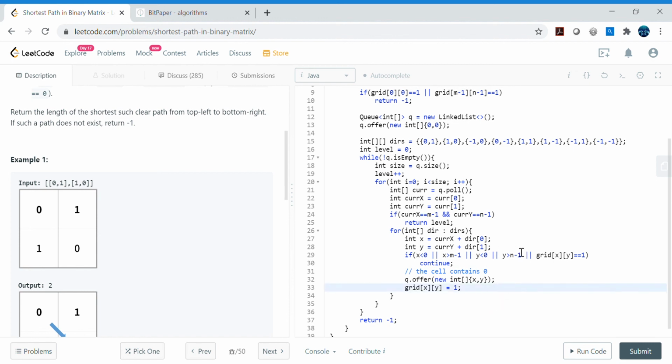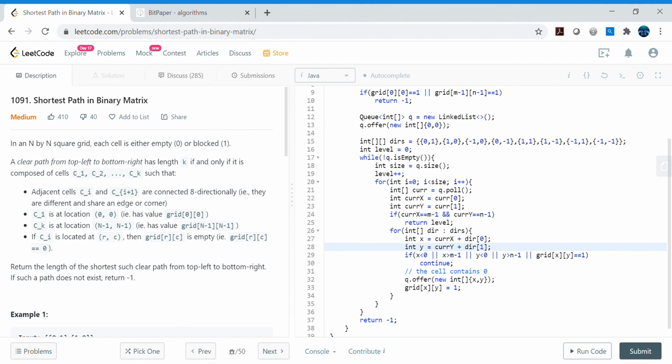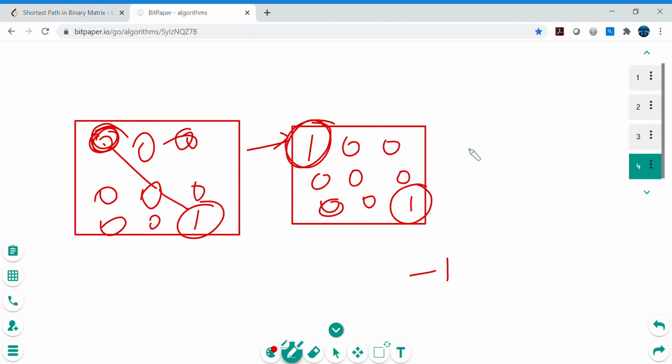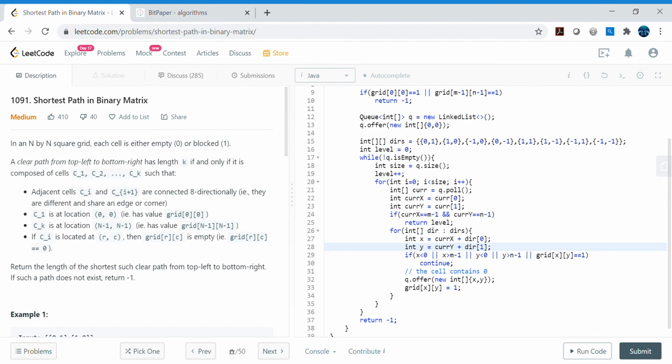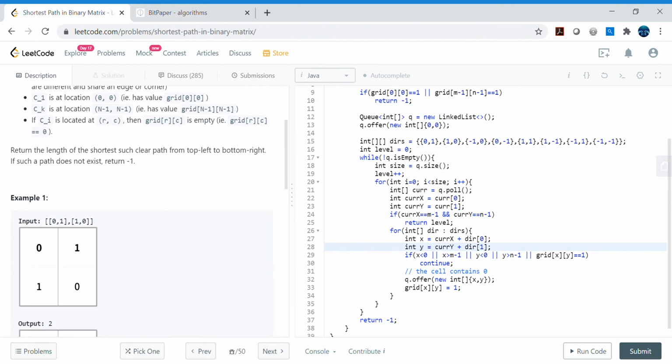Okay, so quickly before ending this video, this is the binary matrix problem. The only difference from the normal pattern is that it is 8-directional, right? We can understand the 8 directions from this diagram. Also we have to start from the 0 0 coordinate and go to the bottom.